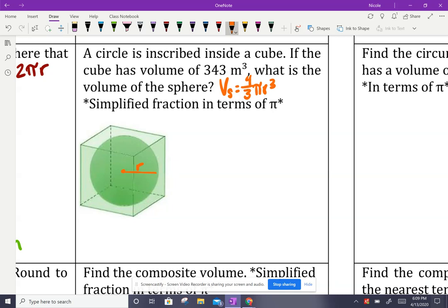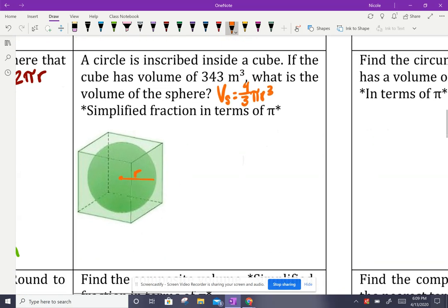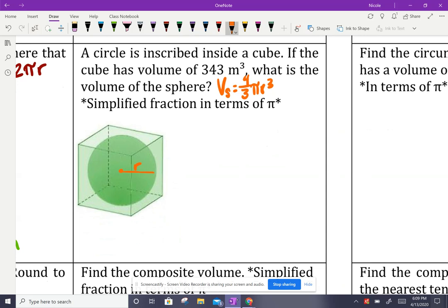If you think about it, from one side of the sphere to the other is our diameter, but it's also the length of the side of the cube.